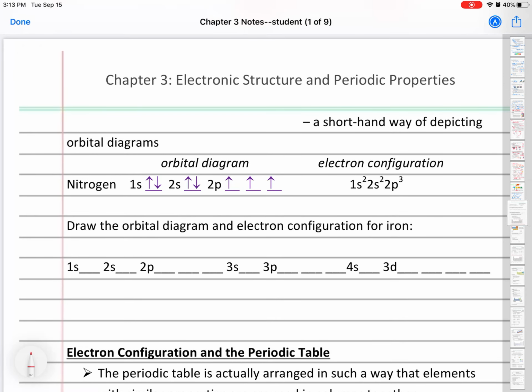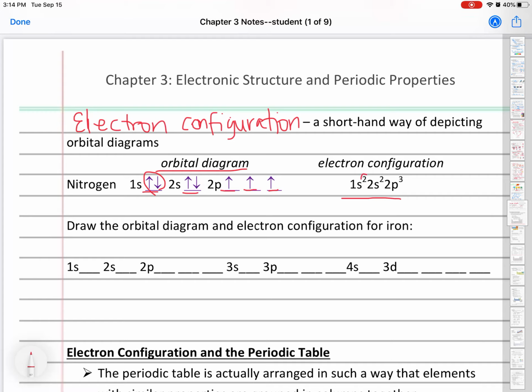So back to these orbital diagrams. Orbital diagrams are a great way to visualize all the electrons in an atom, but they can be a little bit tedious. And so there's a shorthand way to write out that electron configuration, and it's called electron configuration. All right, so if this is the orbital diagram for nitrogen, where we have the orbitals mapped out and we've drawn those electrons and their spins, this is the shorthand for that.